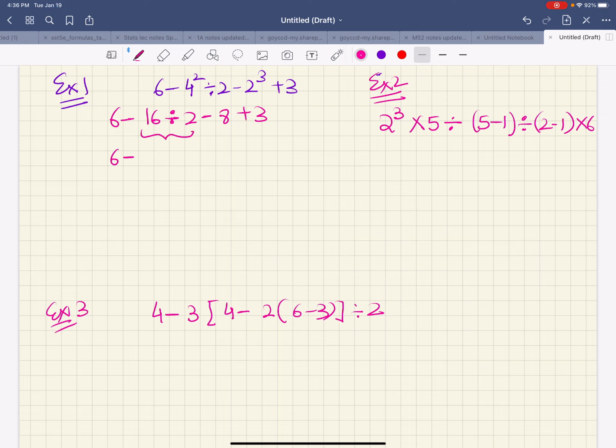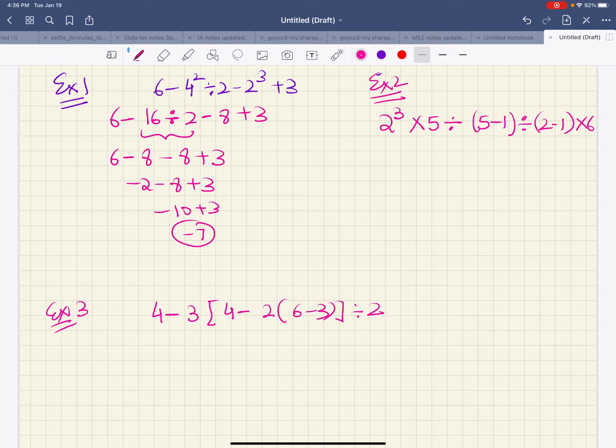So 6 take away 16 divided by 2 is 8 minus 8 plus 3. Now we can simply go from left to right, add or subtract. Turns out to be negative 2 minus 8 plus 3, which is negative 10 plus 3, and that's negative 7. So my final answer is negative 7 in this case.